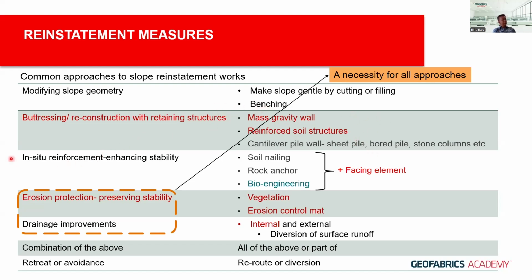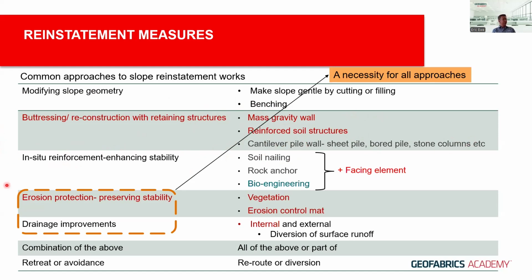Then the focus, as I mentioned earlier on, is buttressing or reconstruction with retaining structures. They can be mass gravity, reinforced soil, cantilevered pile, sheet pile, bored pile, stone column, etc., which obviously is not covered today.